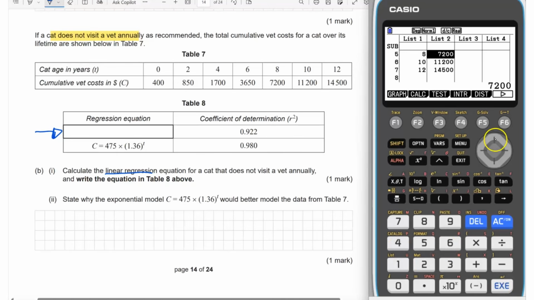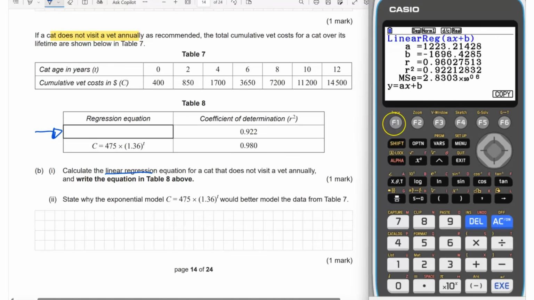So all the data is entered, and I would definitely always 100% check that you've entered your data correctly before you move on to the actual question. And we are about to do the linear regression to this data set. So we're going to go into calc, and then you want to go regression, so F3, and then it's just the X, which is F1. We always use the ax + b, which is F1 again, and this is where we get our linear model.